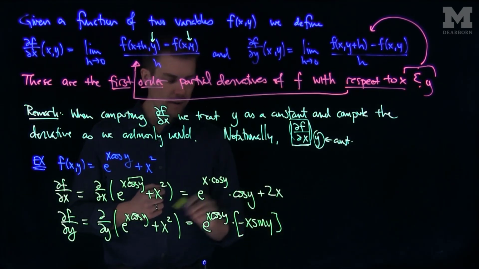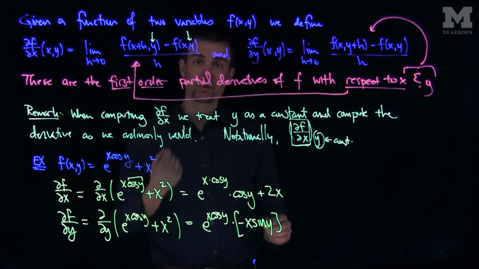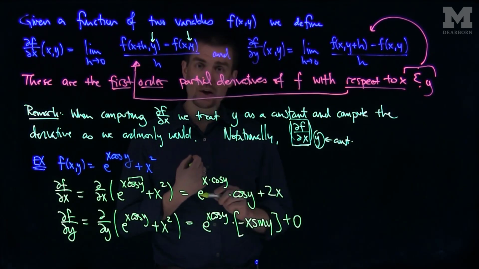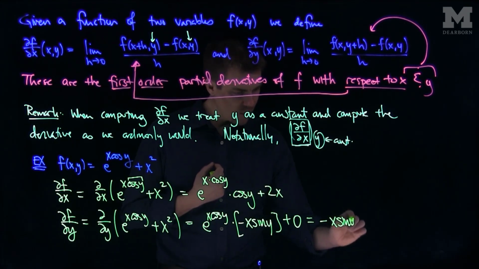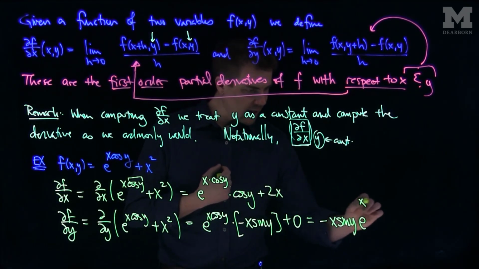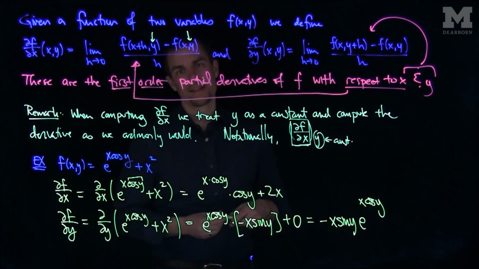And when we do the y derivative of x squared, x is a constant, so x squared is a constant, and the derivative with respect to y is 0. So what we'll have is negative x sine y times e to the x cosine y as my y partial derivative.